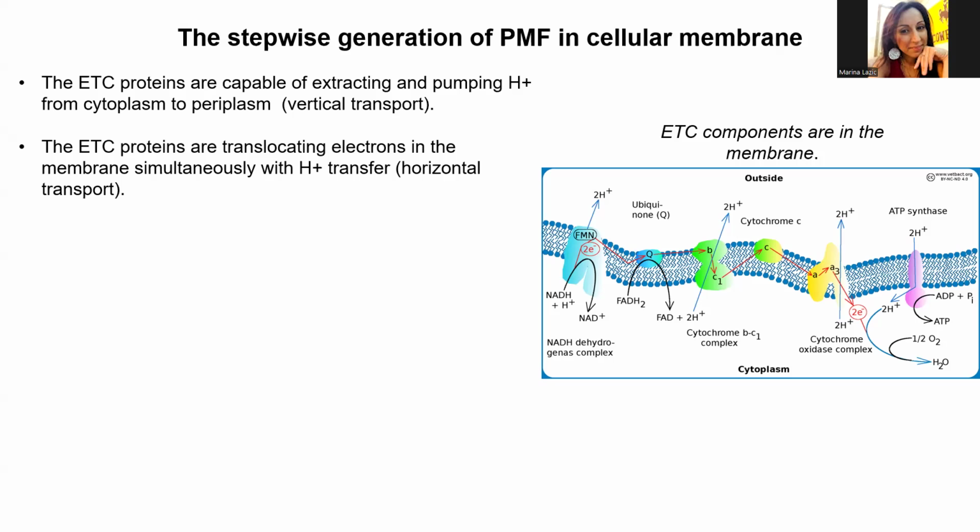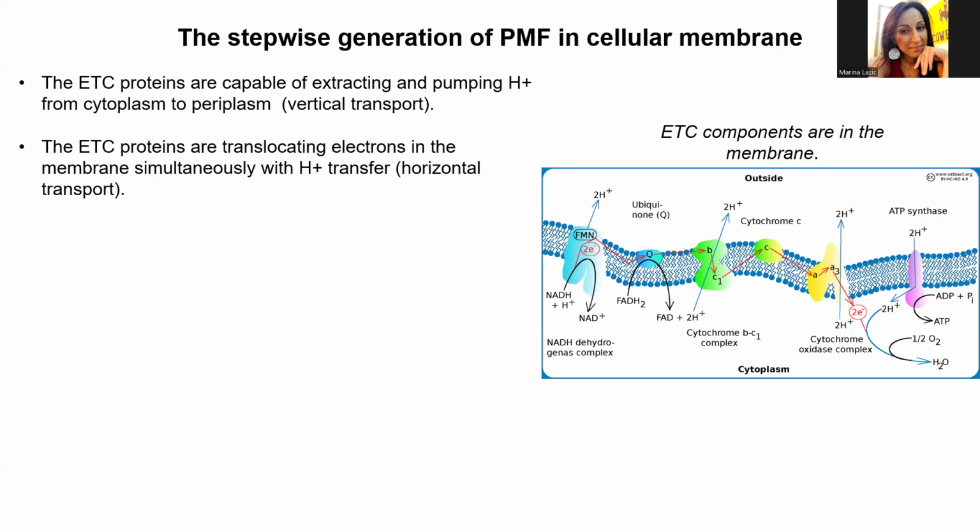You will see very often oxidation and reduction. Oxidation means releasing of electrons. When one carrier releases electrons, the other one accepts them and gets reduced. That electron jumping is followed by proton translocation across the membrane, and that's how you get that gradient.